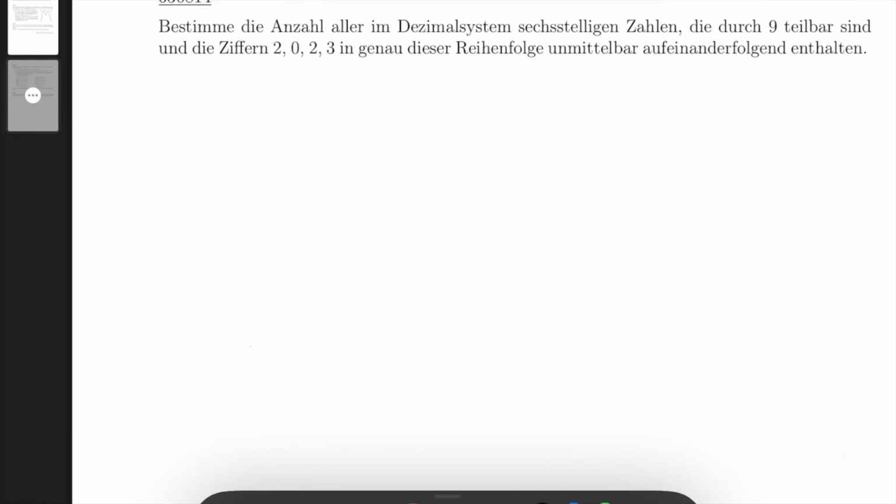Okay, so what do we have here? It's the simple one. We need to find all numbers from decimals. The number of digits will be 6, so we can write x1, x2, x3, x4, x5, x6. What is important is that it should be divisible by 9.